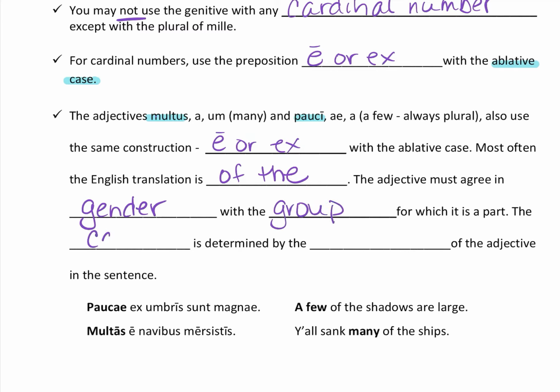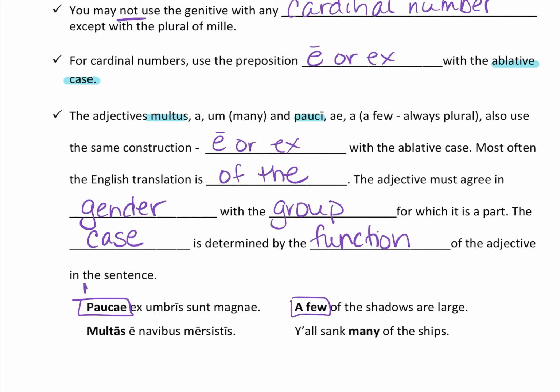Now, the case is determined by the function of the adjective, and I'm going to show you again how that works. So the function of the adjective in the sentence. Here we have pauci, which is our adjective. "A few of the shadows are large." So pauci ex umbris sunt magna, we can tell really quick that a few of the shadows are large.